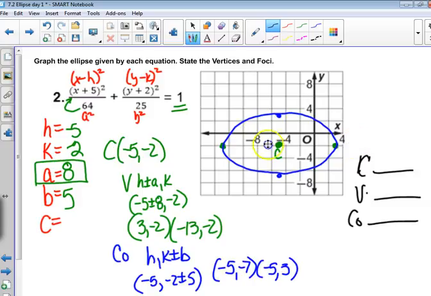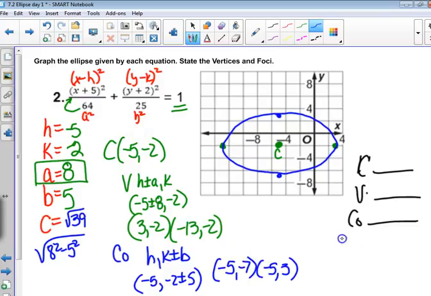You don't have to try to label them on the picture. You can accurately graph them, but you don't need to label them because there's not going to be room. All right, how do we find C again? Square root of a squared minus b squared, or 64 minus 25 is, ew, that's disgusting.